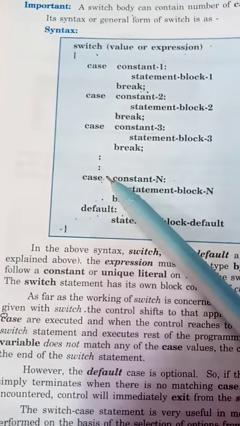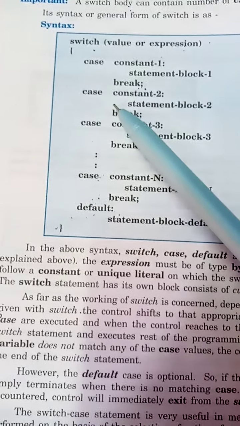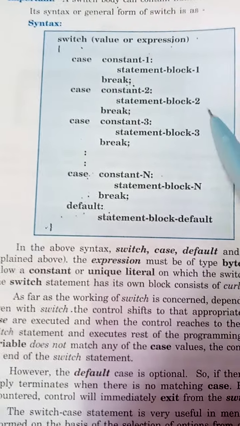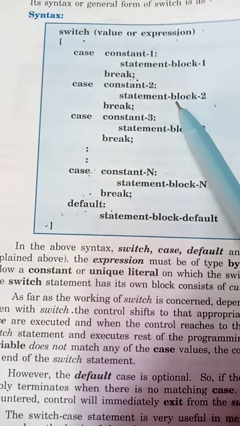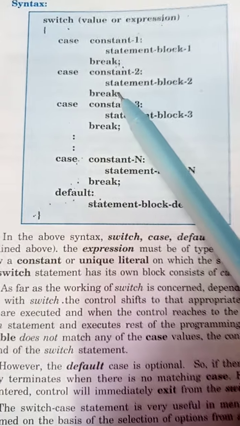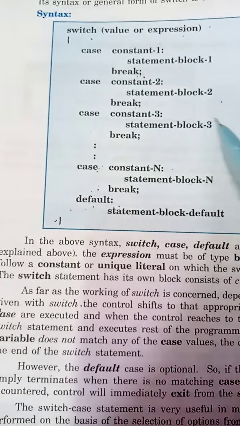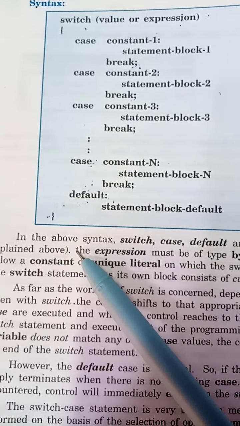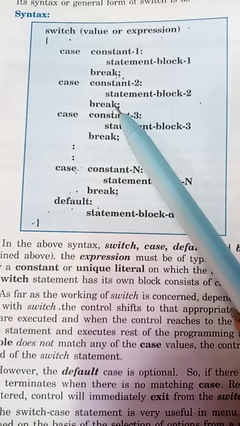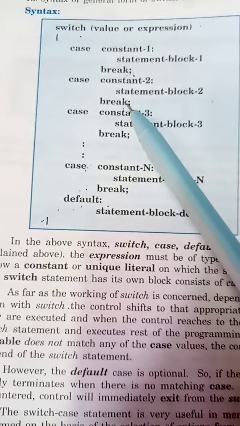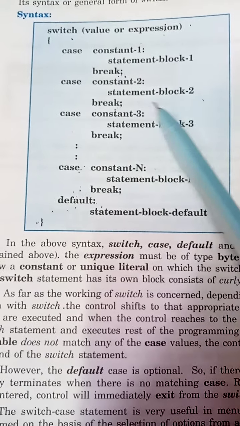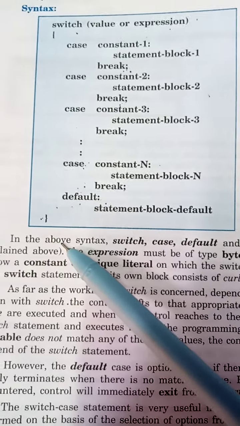If any case matches, suppose this one, then statement block 2 will get executed, and after executing it, control goes to break. As break is a jump statement, control will come out of the switch. It terminates the current block, and in this case the current block is switch, so it takes the control out of switch.